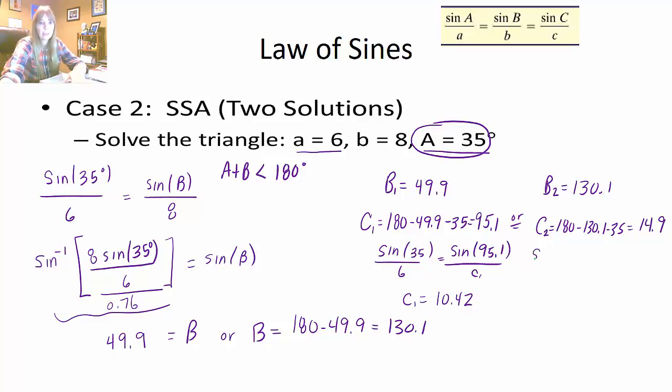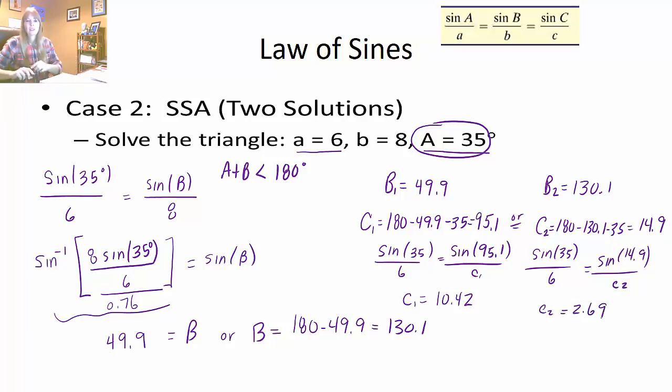This one over here, I can do the same thing. So sine of 35 over 6 equals sine of 14.9 over little c2, and I get little c2 is 2.69. So this is one of these weird phenomena, and it's like, well, I'm not really sure which one's the answer.